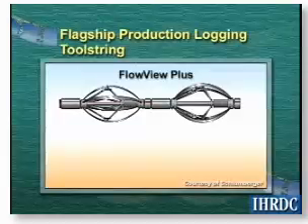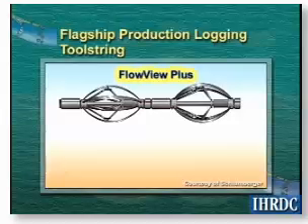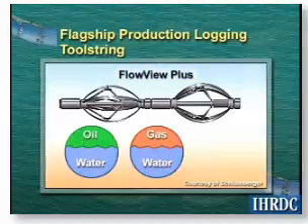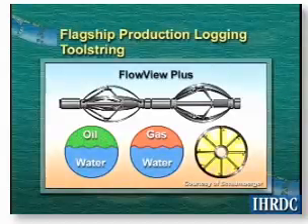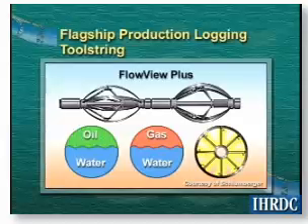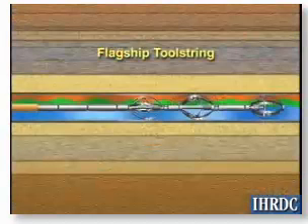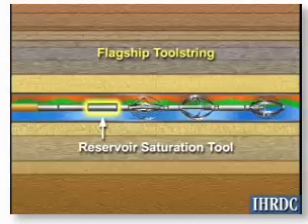The flagship tool string uses another set of special devices, the FlowView Plus sondes, to measure two-phase holdup, that is, the fraction of either water and oil or water and gas within a wellbore cross-section. 8 resistivity probes, as seen here, spaced at 45-degree intervals, detect the interface between phases. When 3 phases are present, the Reservoir Saturation Tool is used to measure gas holdup.